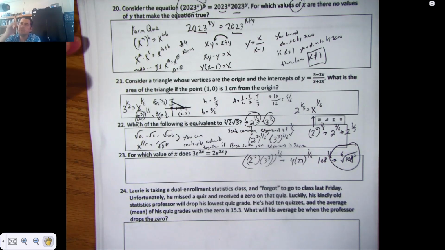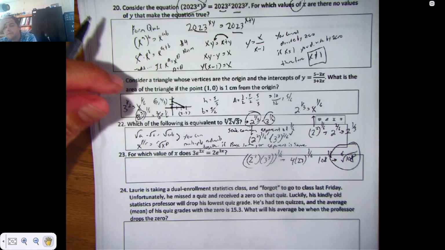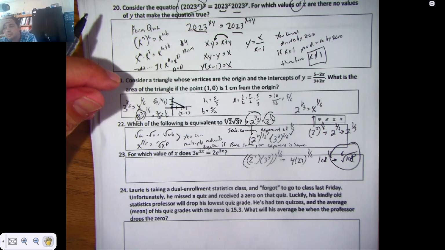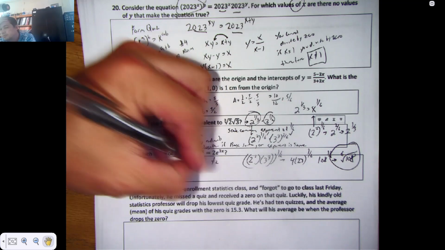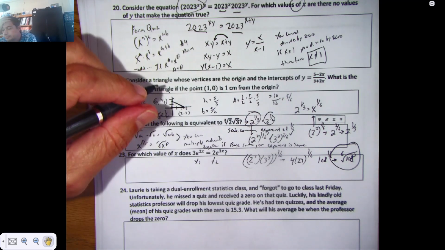Fun stuff. Now, you guys don't know anything about 23 yet. And I don't want to give away too much of this one, because you don't know anything about logarithms yet. But if I was a kid taking a test and a teacher had taught me about y1 and y2, I think that's what I'd do.